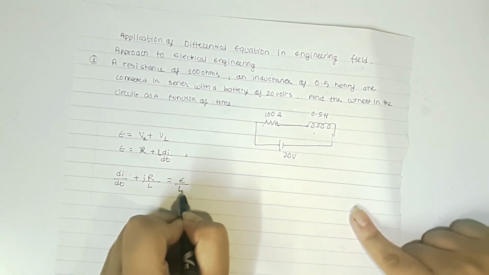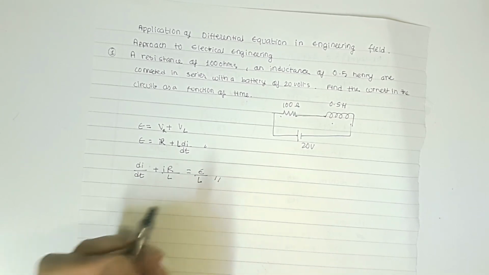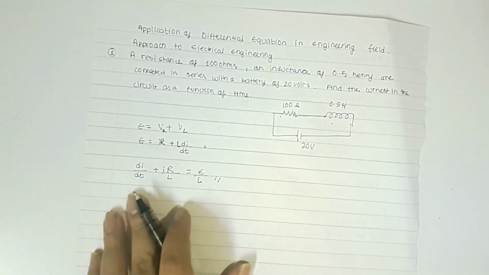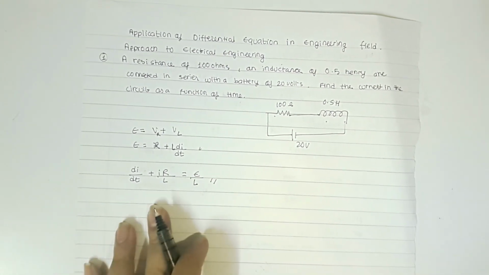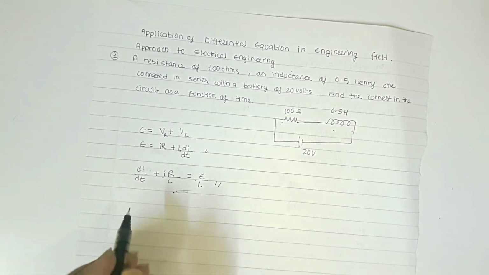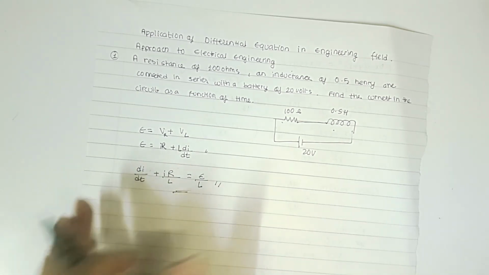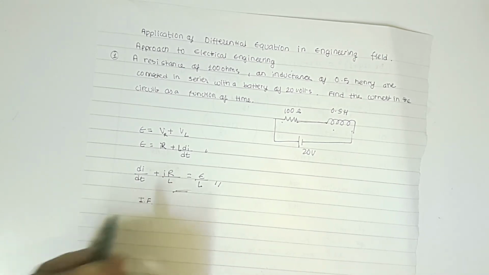So as you can see that this is a differential equation, first order differential equation, which is in the linear form. So we can solve it. We can solve this equation by taking integrating factor and all.